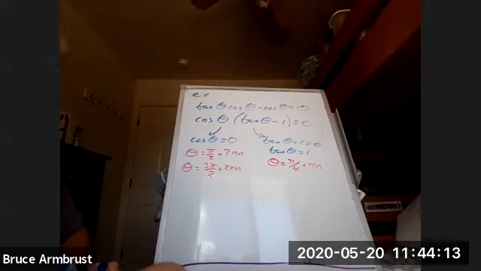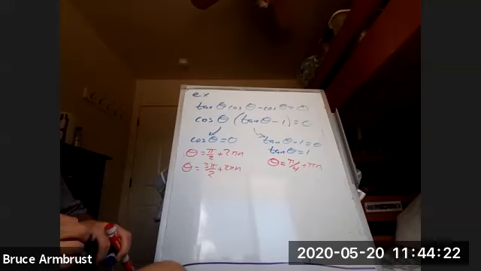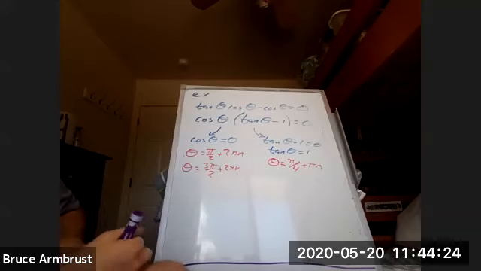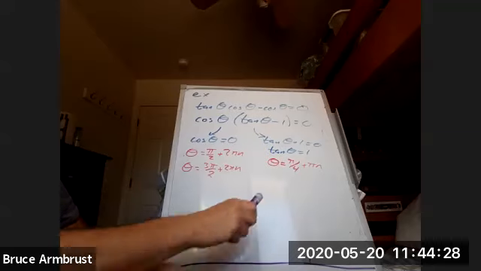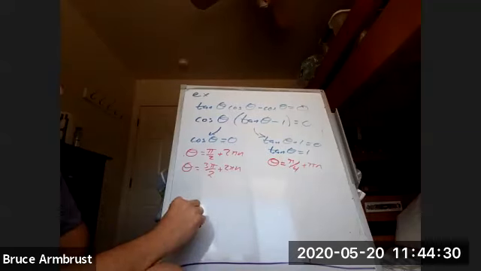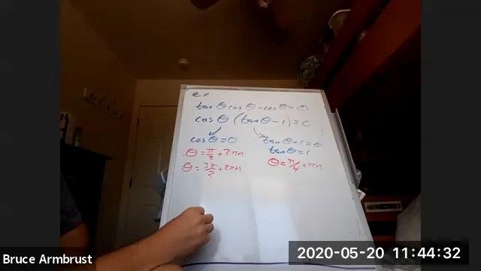All right, so there's the list of all the angles that will make that original equation true. So let's go with positive angles and make a list. We're going to get pi over 4. The next one's going to be pi over 2.